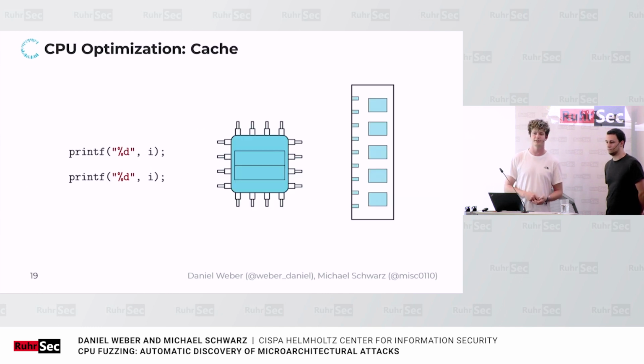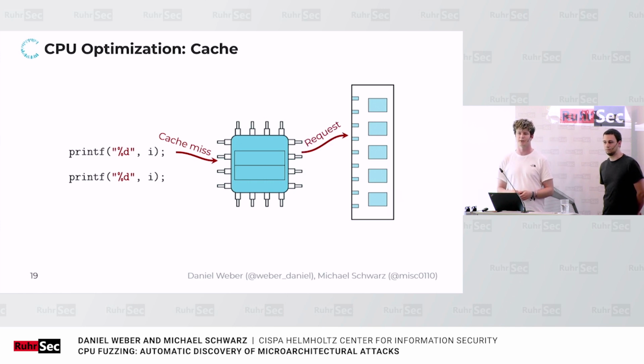One optimization that you also saw yesterday is the CPU cache, so we want to recap that shortly. Suppose you have two memory accesses, and in the middle you have your CPU cache. On your right-hand side, you have your main memory. The first memory access is what we refer to as a cache miss, because the cache is still empty, so we fetch from DRAM.